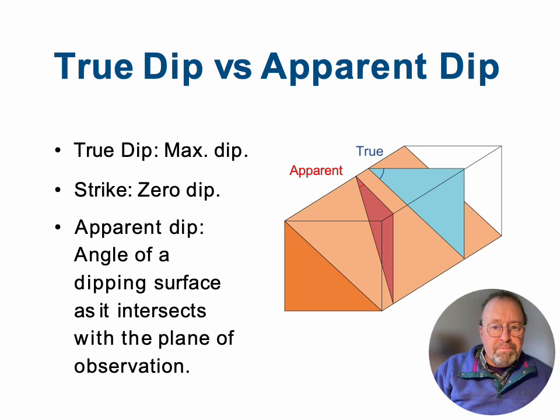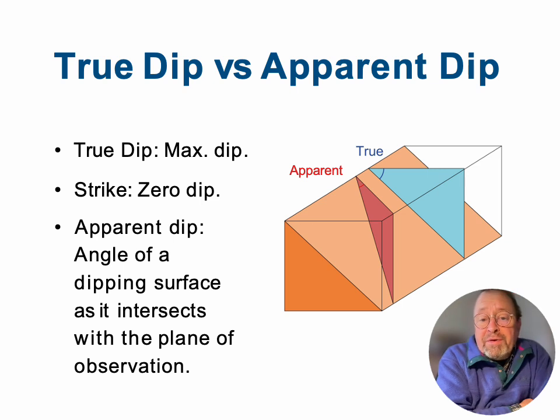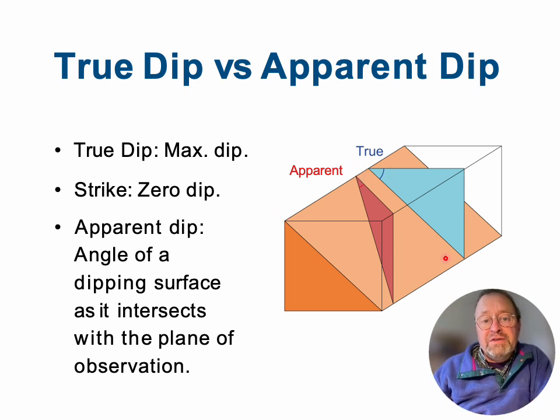It is worth noting the difference between true and apparent dip, whether the apparent dip is in outcrop or on your cross section. There you can see that if we have a sloping surface here shown in orange, the true dip is the one that runs steepest, essentially perpendicular to the structure contours, straight down dip, the steepest possible route.